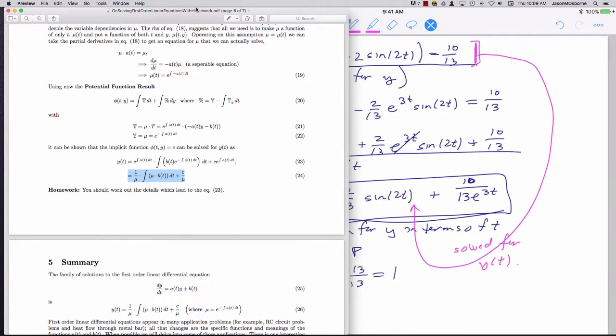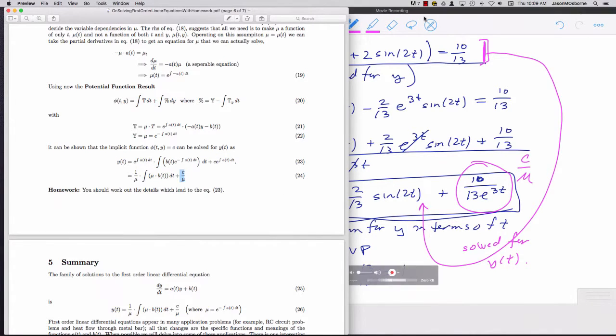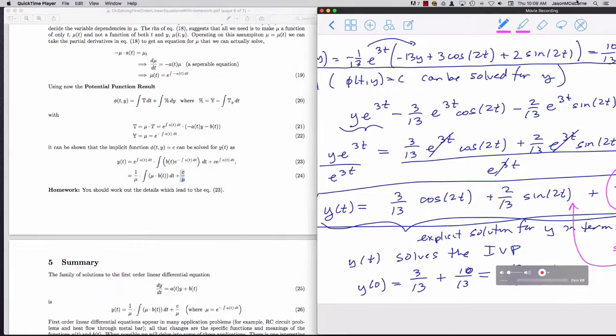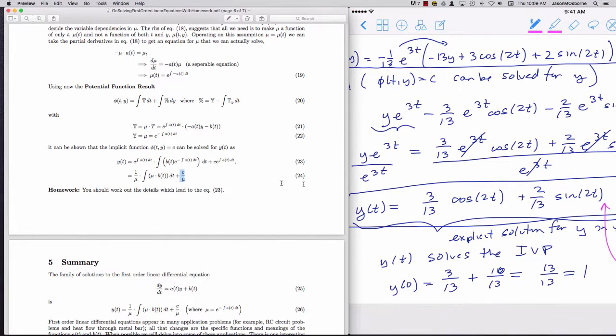So this is the general formula here. We can see that here is our constant divided by mu, right? That is the term that's sitting right here. Mu, remember, was e to the 3t. And that must mean that this 13, the cosine and sine terms, are what happen when you compute this integral out.